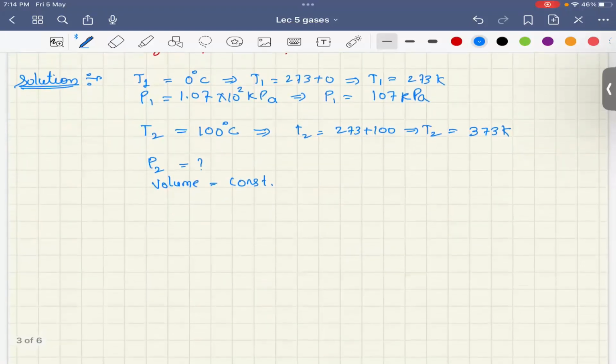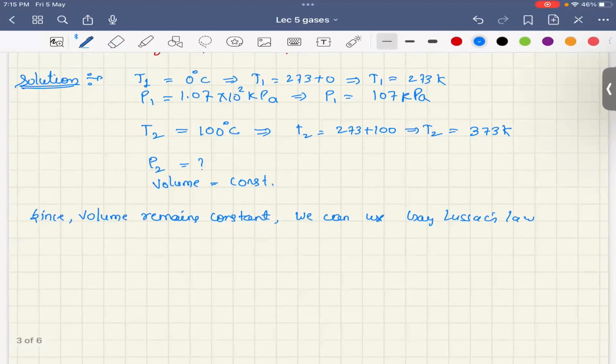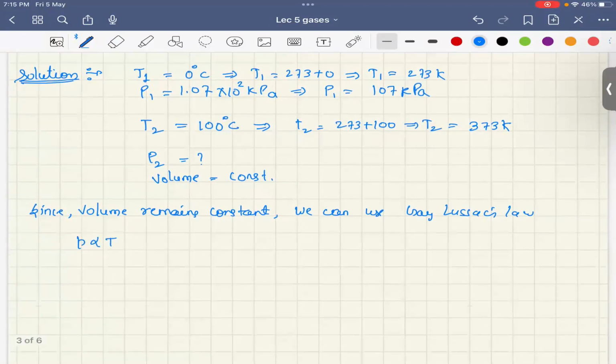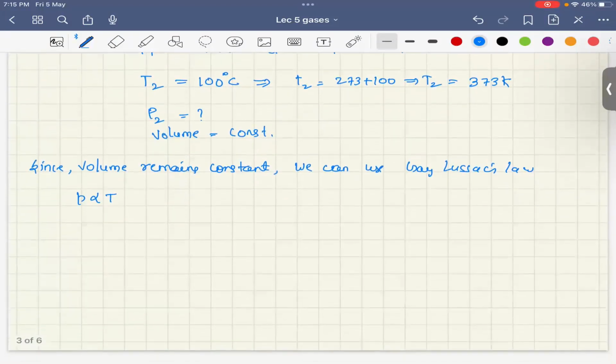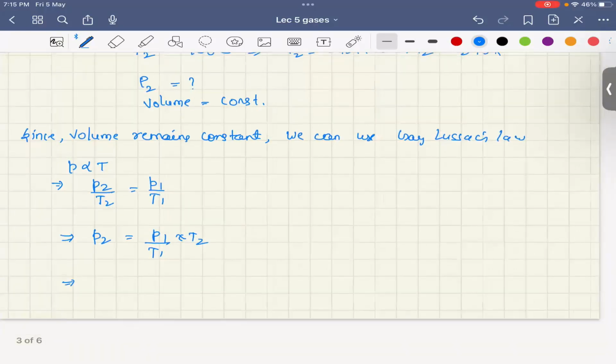Since volume remains constant, we can use Gay-Lussac's law, which is pressure is directly proportional to temperature, which implies P2 by T2 is nothing but P1 by T1, implying P2 is going to be P1 by T1 multiplied by T2, right? Implies P2 is going to be P1.